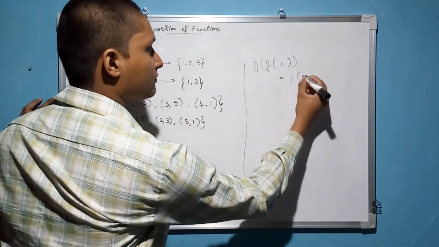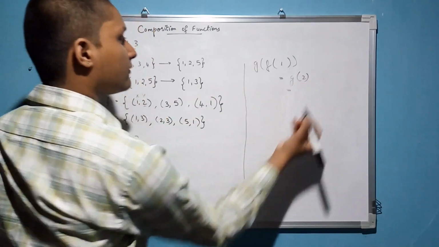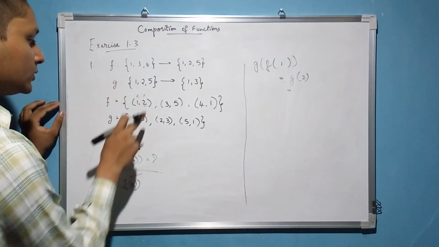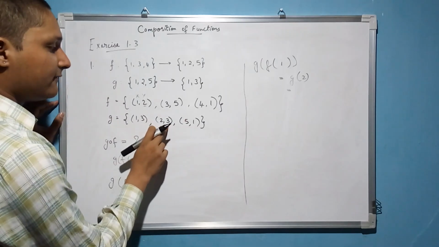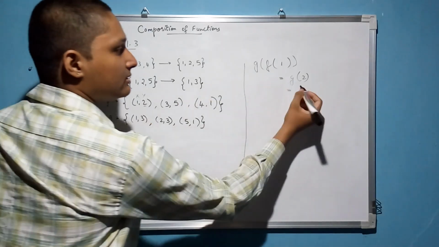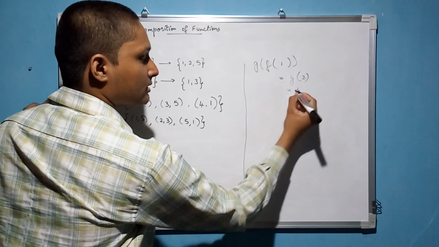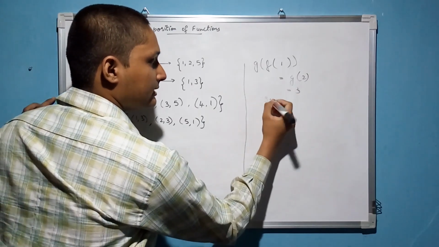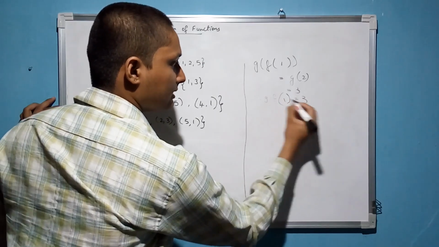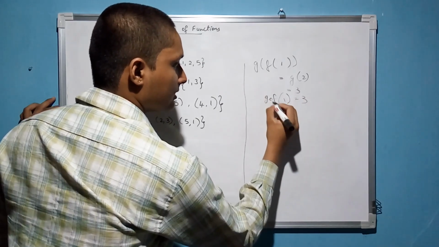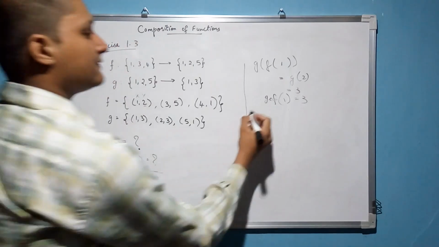That is g of 2. What is g of 2? We have here the x term is 2 and the y term is 3, so 3 will be g of 2. Therefore, g dot f of 1 is equal to 3. Got it? That is the first one.